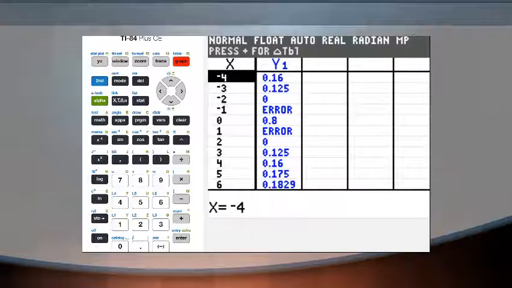All right, well there we can see that we've got a vertical asymptote at -1 because we've got the arrow telling us it's undefined, as well as at 1. I can see that I've got an x-intercept at -2 as well as 2. So everything actually looks like it checks out pretty well.